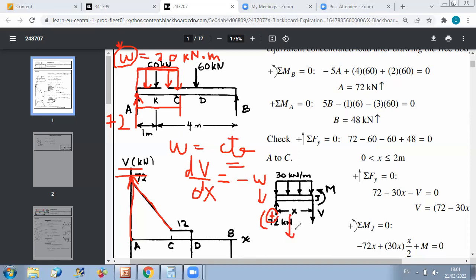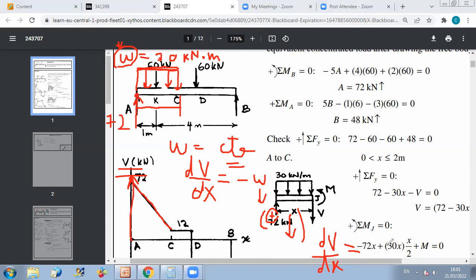And if you want to write dV by dx is plus W, this will change from book to book, but you should know that when W is downward, V will decrease, and when W is up, V will increase. So for any convention you use, you still get the same result.